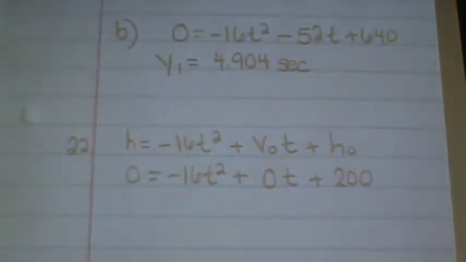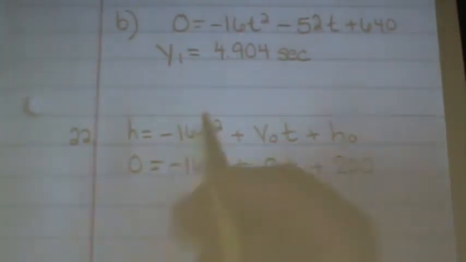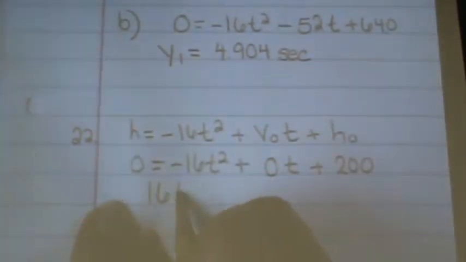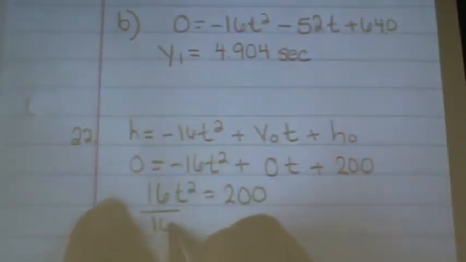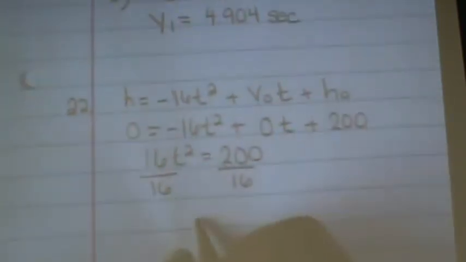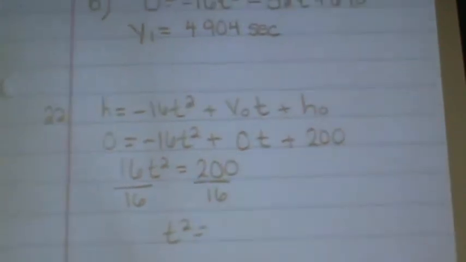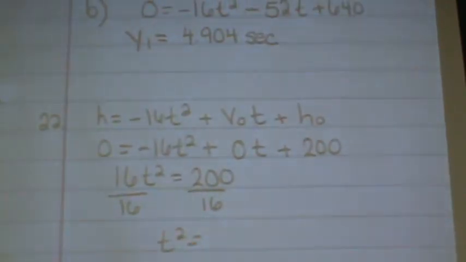Again, I would bring negative 16t over here. 16t squared equals 200. Divide by 16. So you get t squared equals, let's just do this without a calculator because it's pretty simple. 200 divided by 16, and then take the square root of that answer.